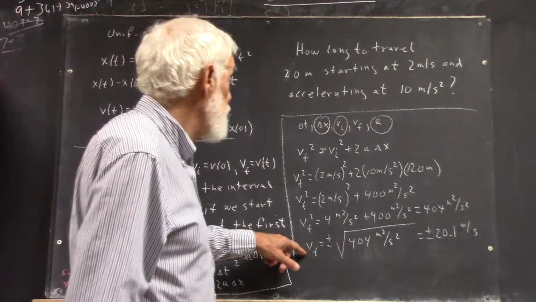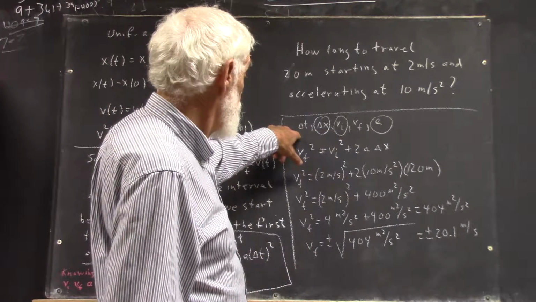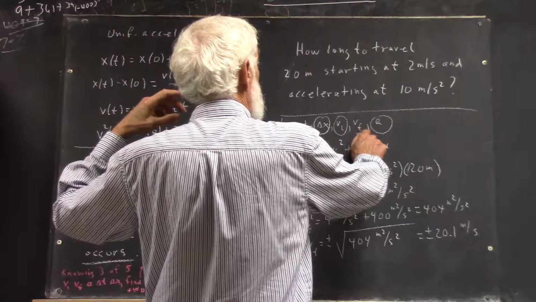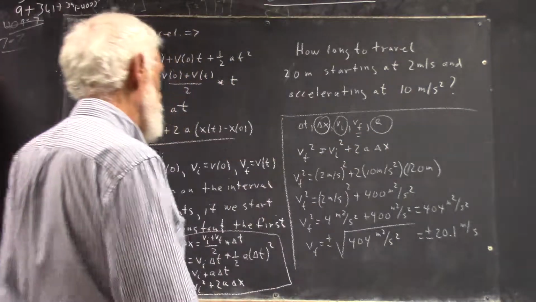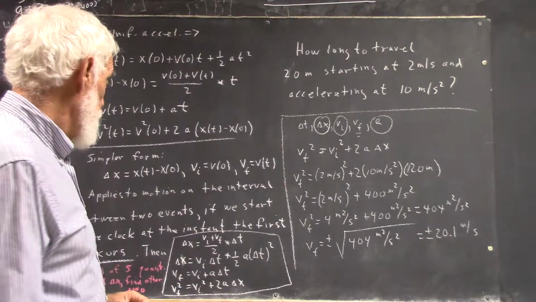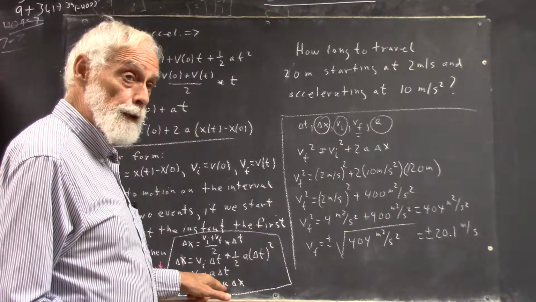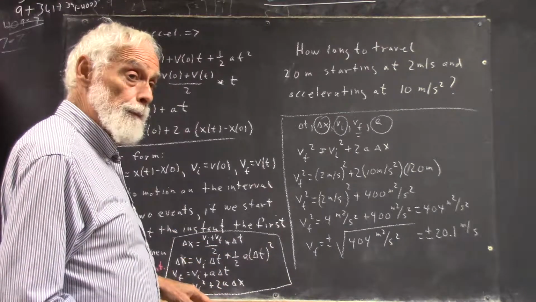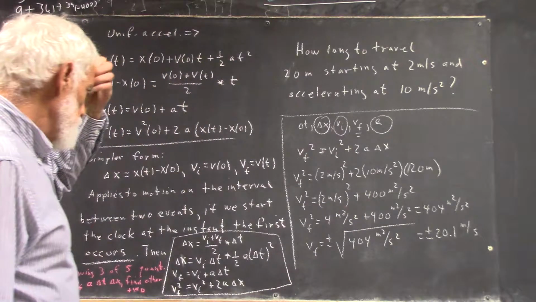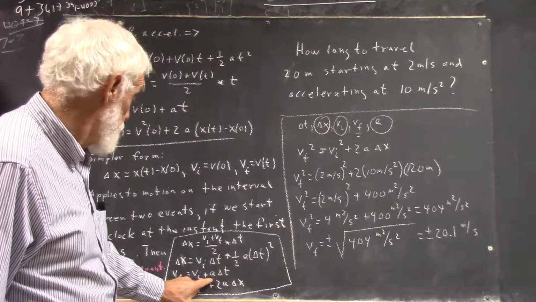Then you can find your delta T, because that's the only variable you don't know anymore. Now you got VF, you find delta T using whichever equation you prefer that includes delta T. All these equations except this one include a delta T, so you can take your pick because you know the other 4 variables. Okay, so the easiest equation to use is probably this one.